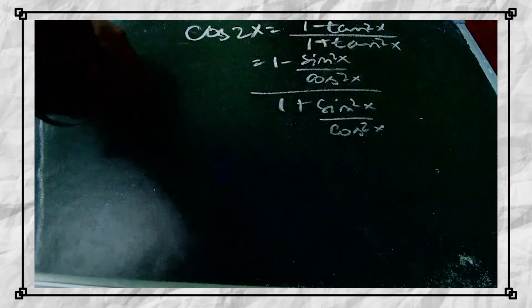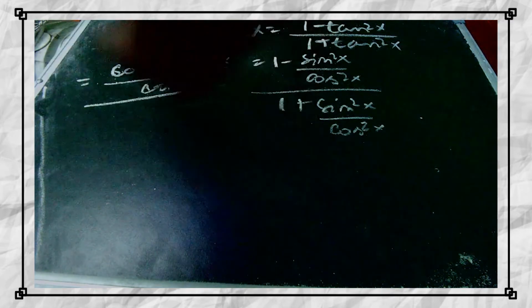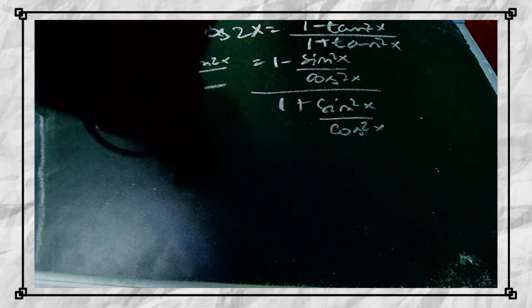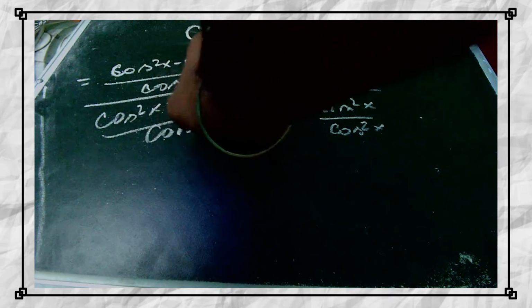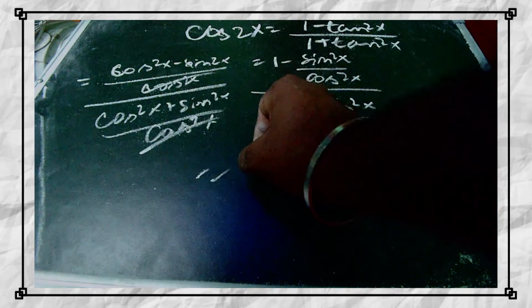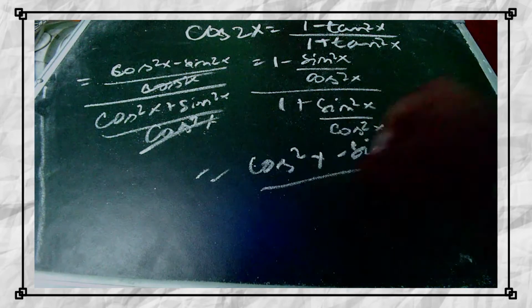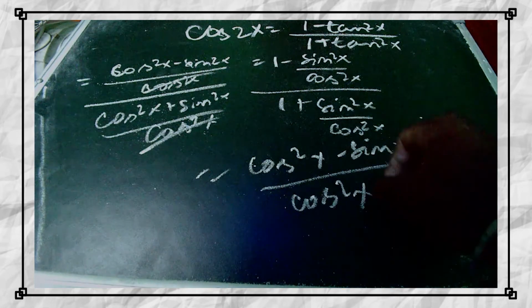So after simplification, what we'll get is cos square x minus sin square x by cos square x in the numerator, and in the denominator we'll get cos square x plus sin square x whole divided by cos square x. So cos square x and cos square x get cancelled, and we are left with cos square x minus sin square x by cos square x plus sin square x.